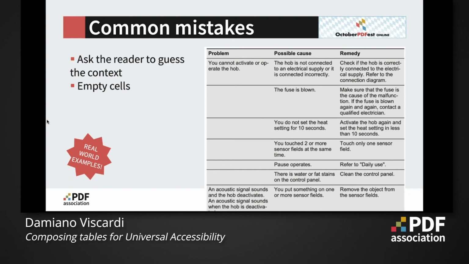I'm guessing it with my mind, looking at the table. If I am blind and I access this table starting from the third row, I have no way to guess what the problem is, what is the content of the first row. And this is almost always connected to empty cells.